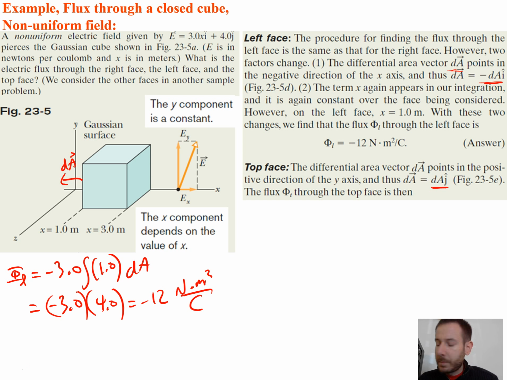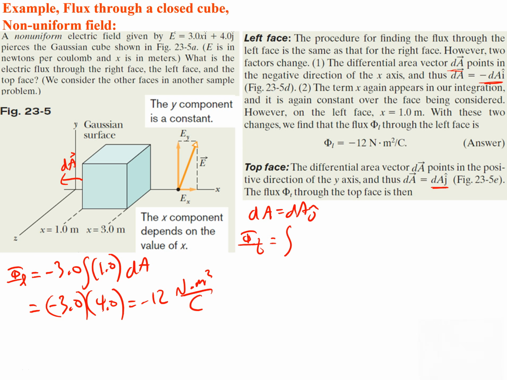So the flux through the top face is going to be, so we have dA in the j direction. So our flux on the top is going to be equal to the integral of 3.0 i plus 4.0 j dotted with our dA element in the j direction.